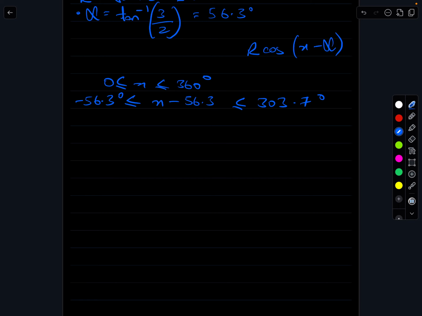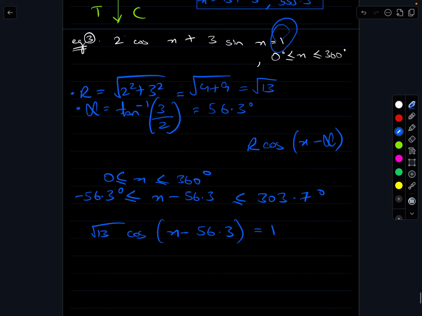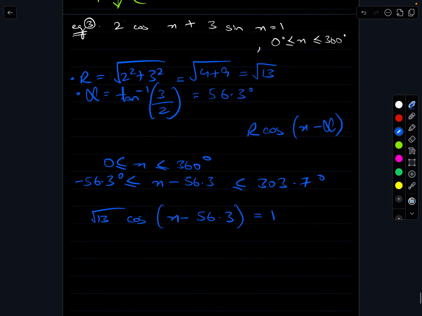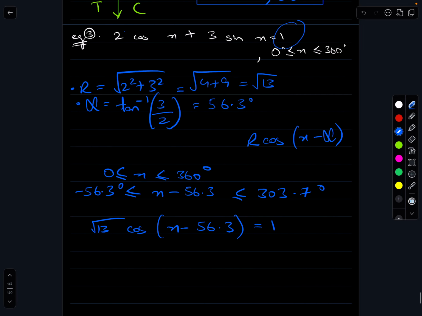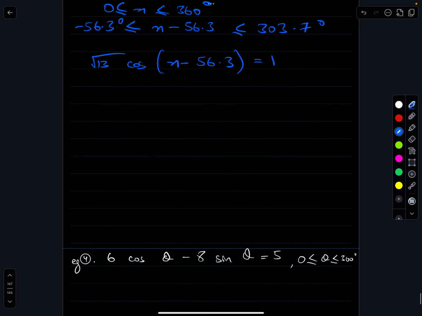So we have r as 13, cos as it is, and alpha as minus 56.3 degrees is equal to 1 because we had a 1 there. It's always important to remember whatever was there and to write it down.